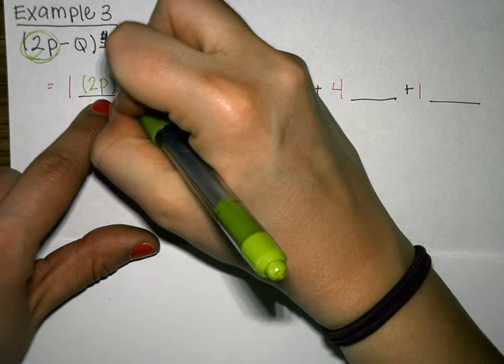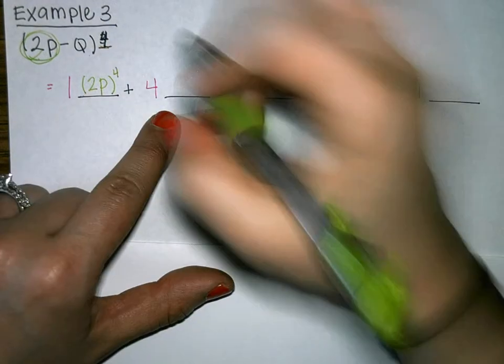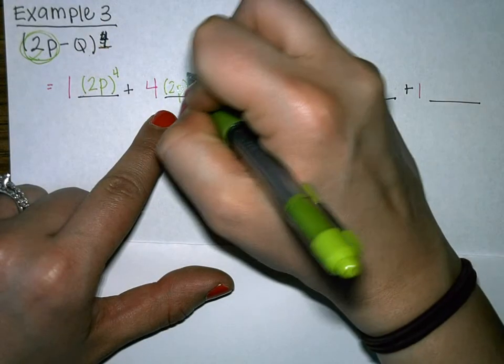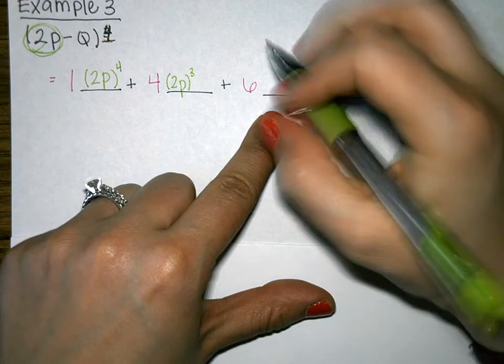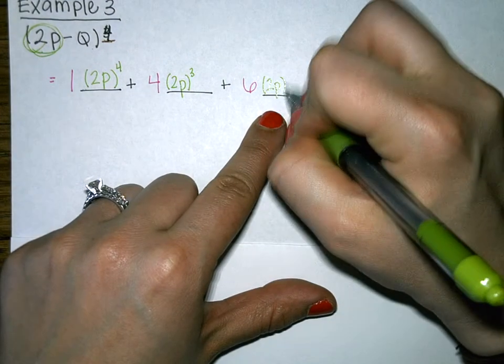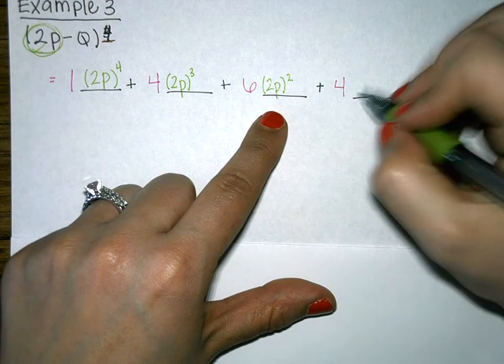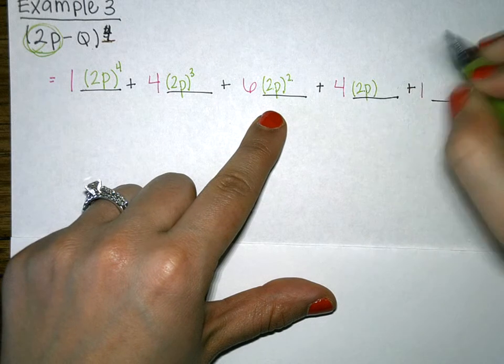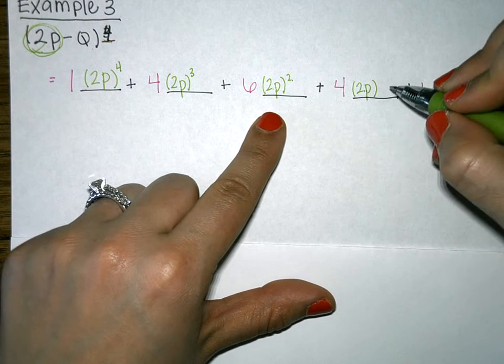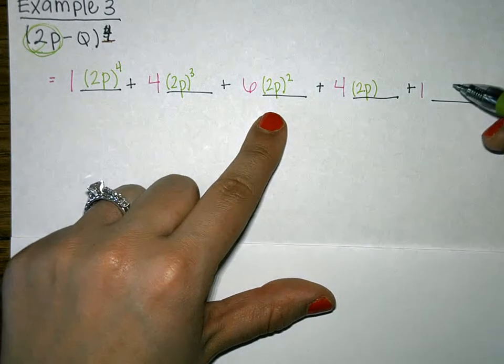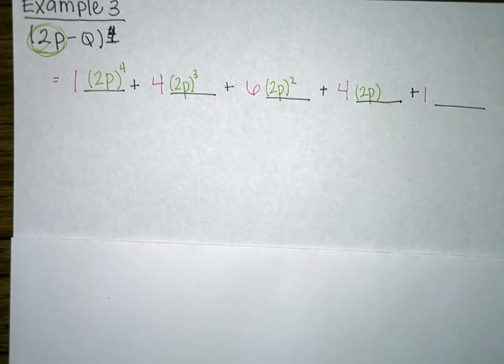So this is going to be 2p to the 4th. The next one is going to be 2p to the 3rd. The next one will be 2p squared. The next one is 2p to the 1st, so I don't have to write the 1. And the last one is 2p to the 0, which comes out to 1, so we don't have to write that either.